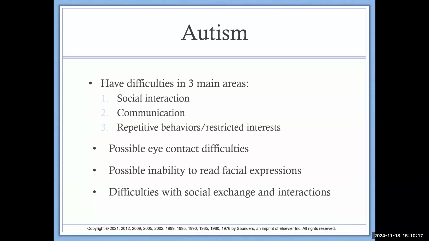With autism, they have difficulties in three main areas: social interaction, communication, and repetitive behaviors or restricted interests. Oftentimes we hear a parent say, "My child has autism," and "My child requires different care, different daycare, or some additional help, or a different type of interaction as a student with a teacher."